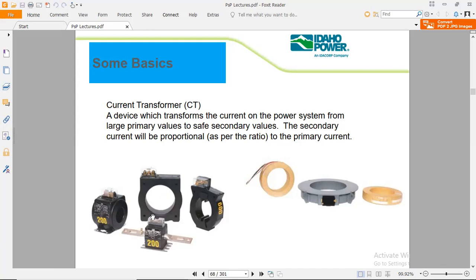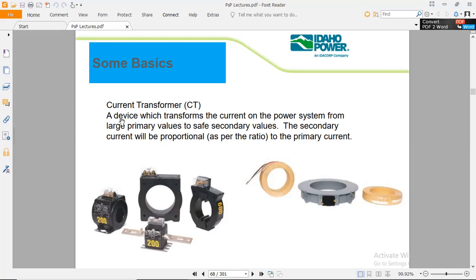Similarly, this kind of hollow CT of 200 amperes is also used on other bus bars and other scenarios. They are hung on the bus bar. The bus bar which is going through inside the CT acts as the primary, and the current which is induced in the housing of this transformer we call the secondary.